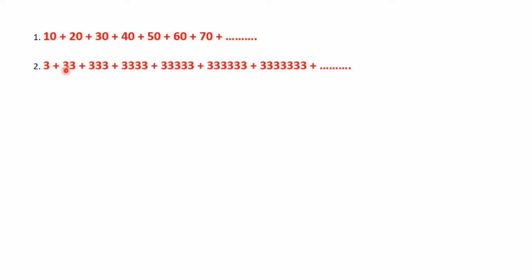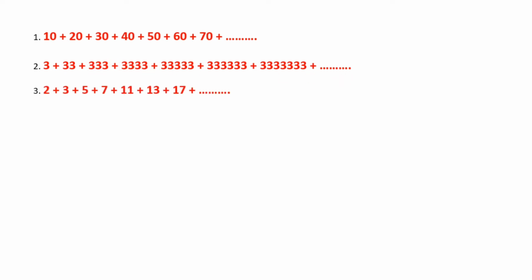Next I am writing a new number pattern. Here the first one is 10 plus 20 plus 30 plus 40 plus 50 plus 60 plus 70 plus etc. Means previously we have separated this one by using commas in terms of sequence definition. Now I use plus symbols, means same numbers only, but just I use the plus symbols, 10 plus 20 plus 30 and so on. And the next one is 3 plus 33 plus 333 plus 3333 plus and so on.